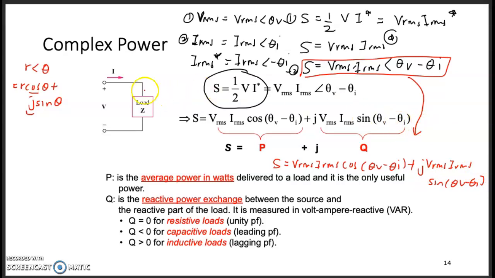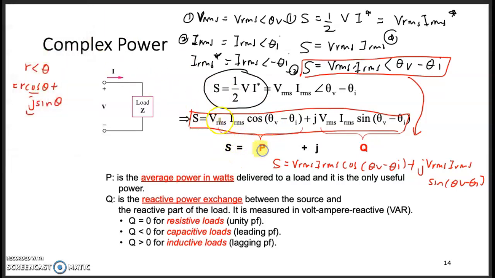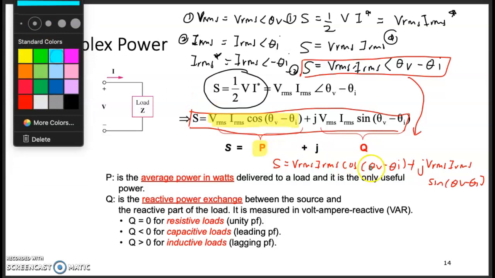So you can get the same as what is shown here. From here we know that your P here is the whole real number. This is a constant, VRMS IRMS cosine theta V minus theta I. But your J, this is J, right?